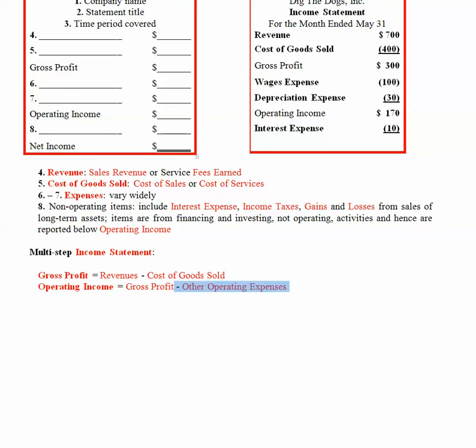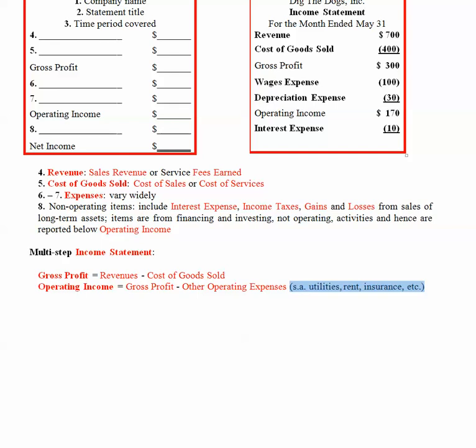Some other examples could be utilities, rent, insurance. So the number of line items here can vary by company depending on what kind of expenses the company incurs. And typically companies will list them from large to small, but that's not set in stone.